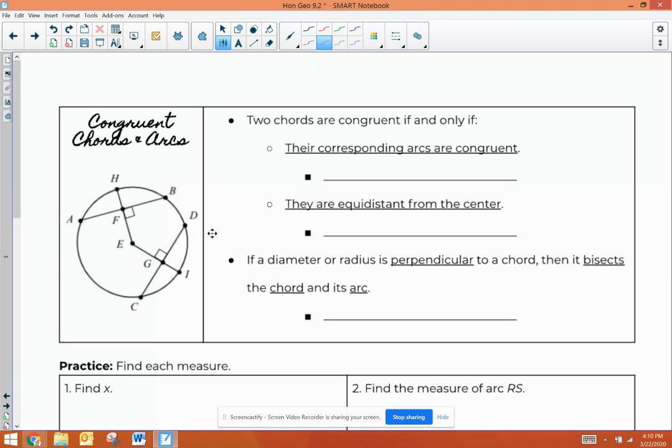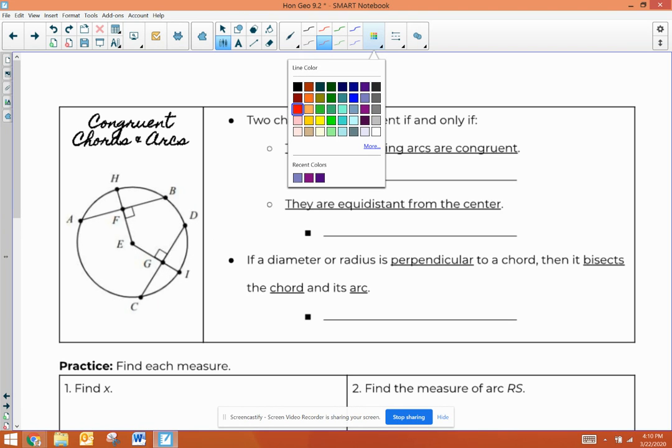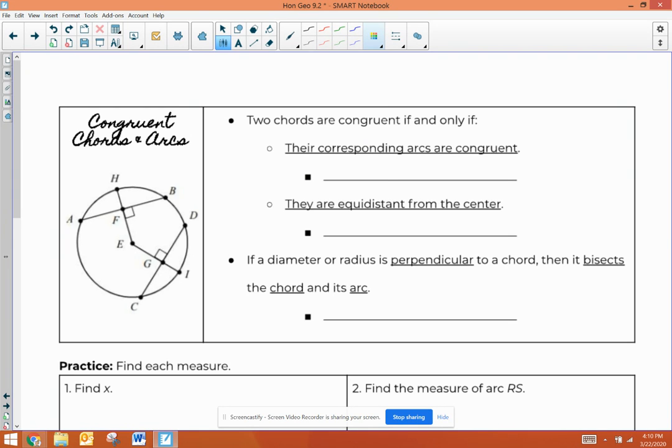So the measure of segment AB equals the measure of segment CD if and only if the measure of arc AB equals the measure of arc CD.